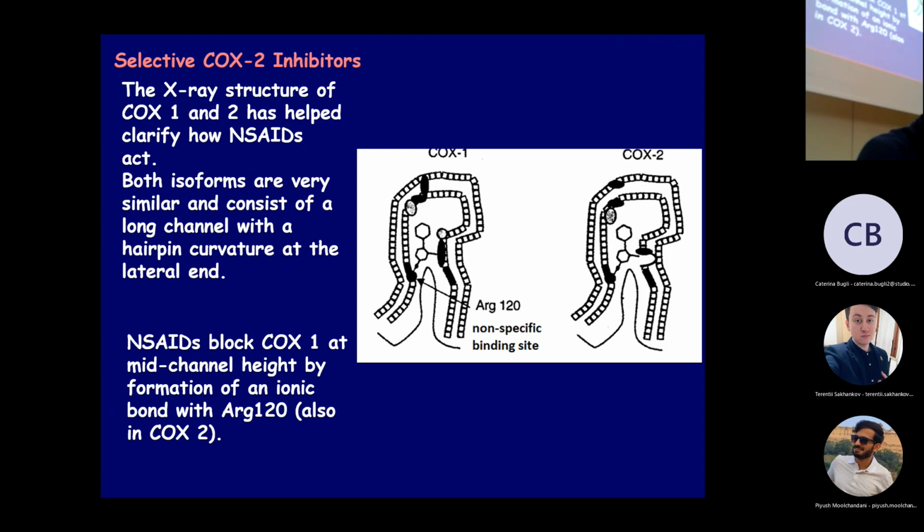How we can reach the selectivity toward the cyclooxygenase of 2 type? If you remember, I told you that it's possible by introducing an additional side chain to have the interaction with this pocket, additional pocket in cyclooxygenase of 2 type.